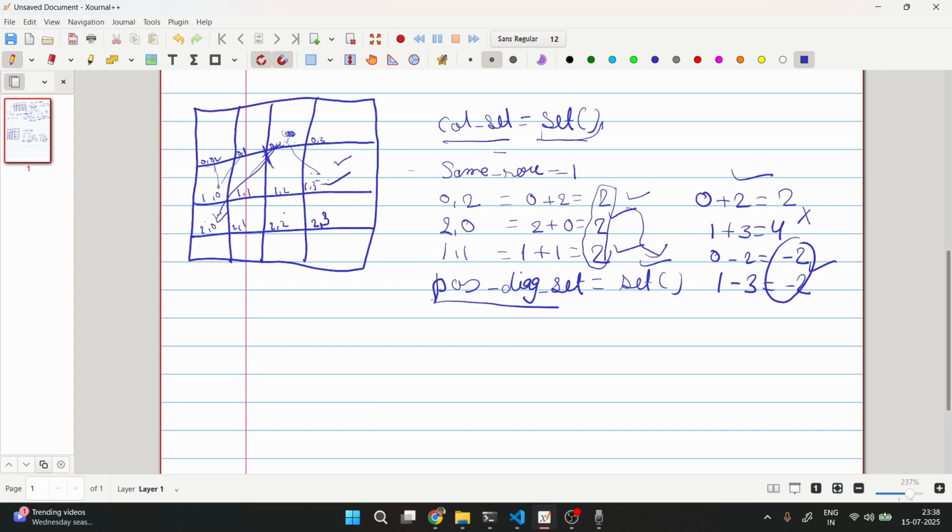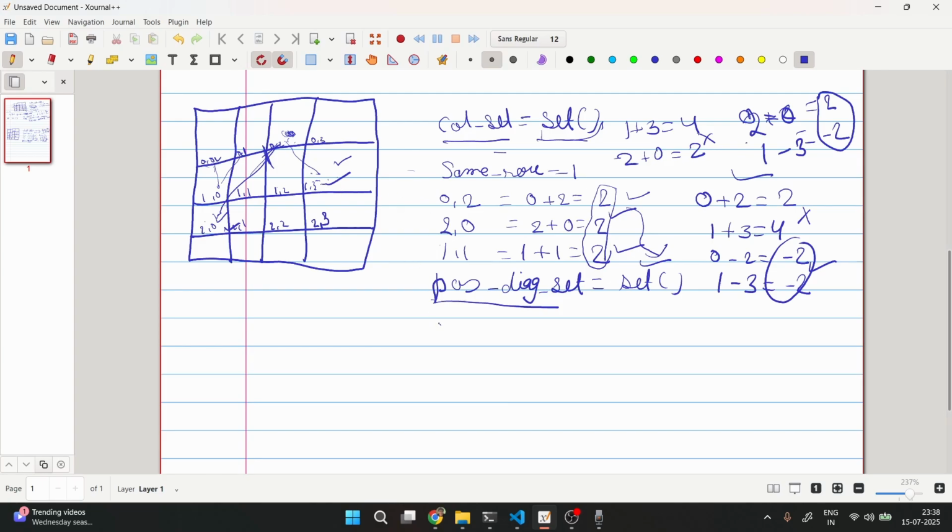For this point and this point, 1 plus 3 produces 4, 2 plus 0 produces 2, so they're not part of the positive diagonal, which is correct, obviously. For the negative diagonal, 2 minus 0 is 2 and 1 minus 3 is minus 2. So we can see they are not part of the same diagonal, which proves our approach.